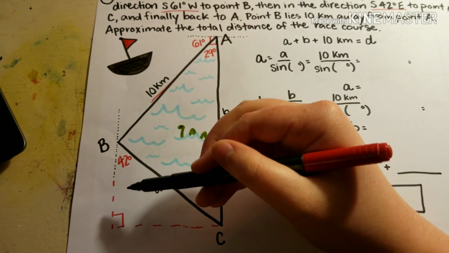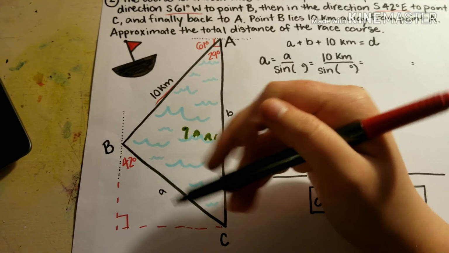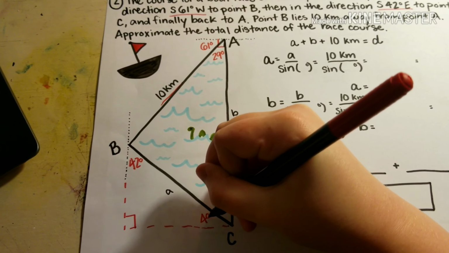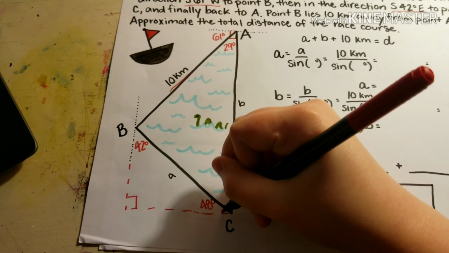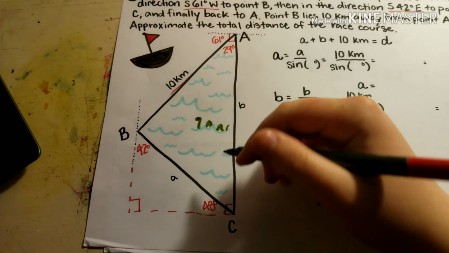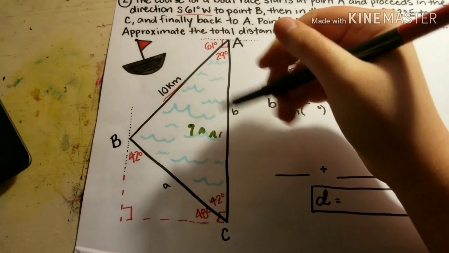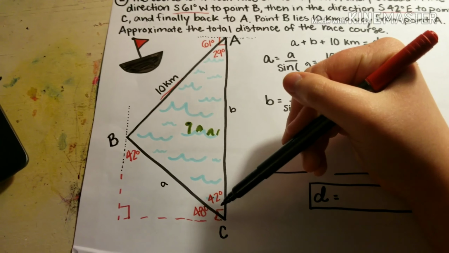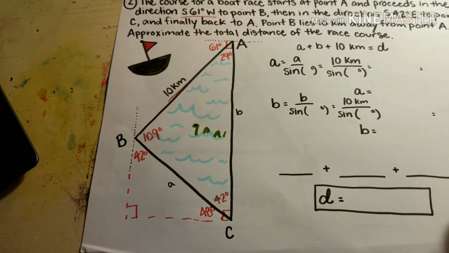And if you subtract 42 from 90 to get this angle over here, that'd be 48 degrees. And then that also forms a 90-degree angle. And if you subtract 48 from 90, you get 42. And then if you subtract 29 and 42 from 180, you get your angle over here, which is 109 degrees.